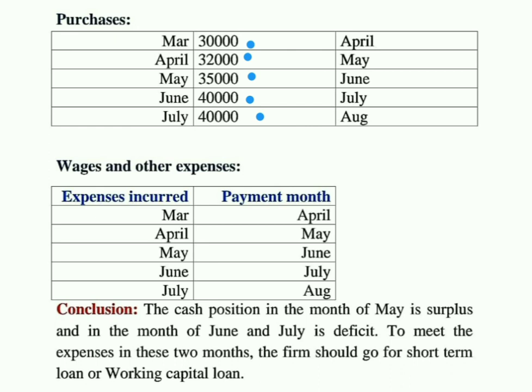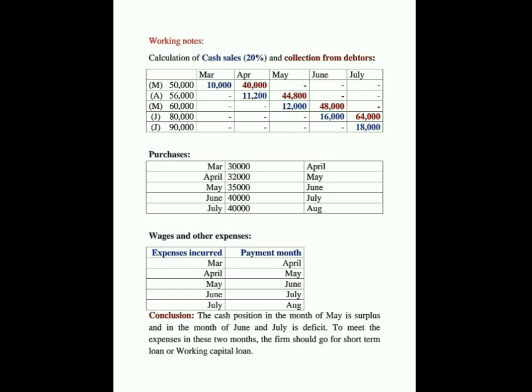So for goods purchased in the month of March, 30,000, here the actual payment will take place in the month of... see here, a little bit of editing mistake took place here. Look at the adjustment.